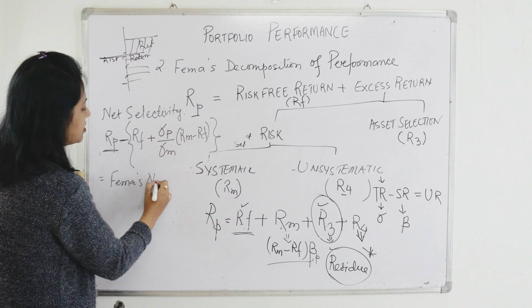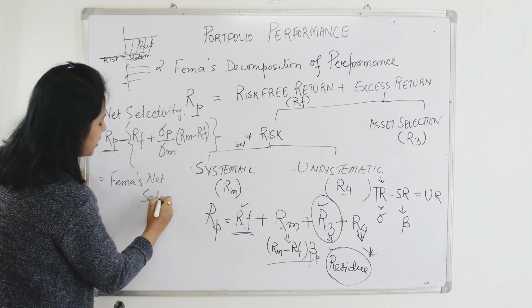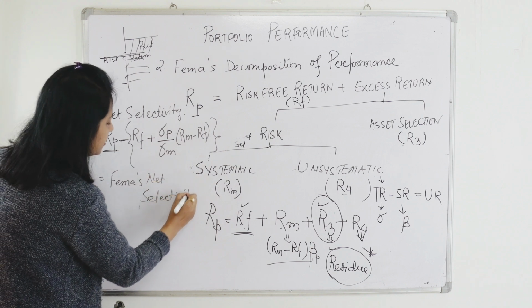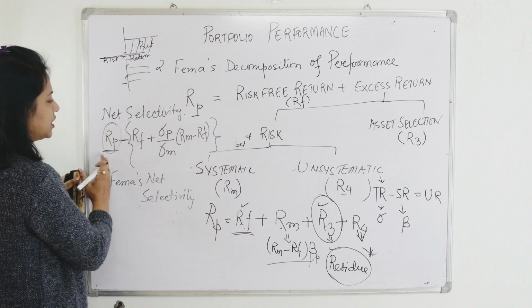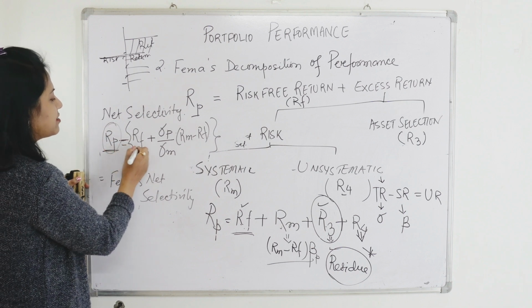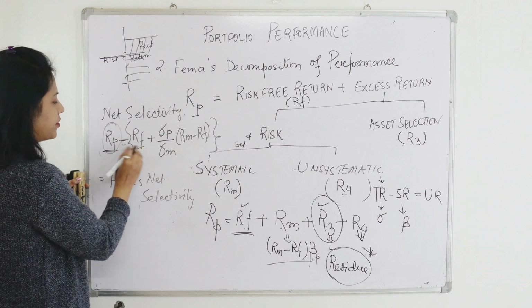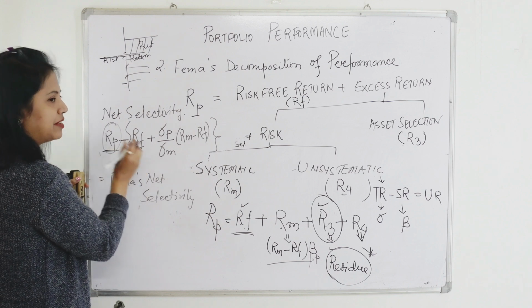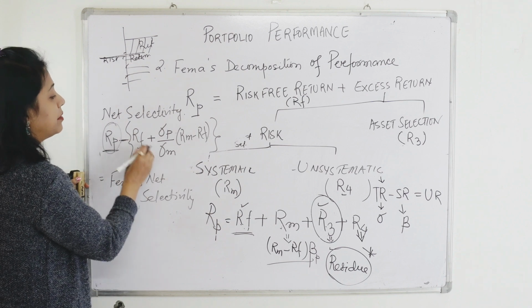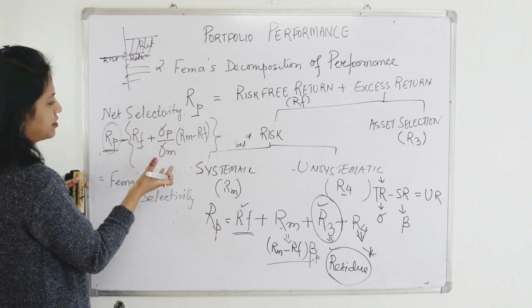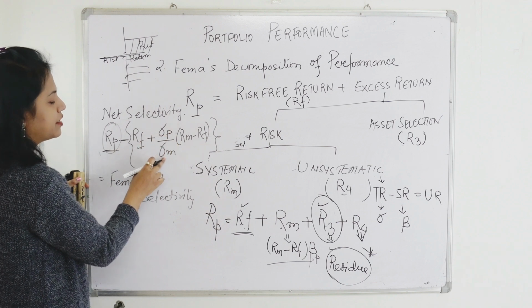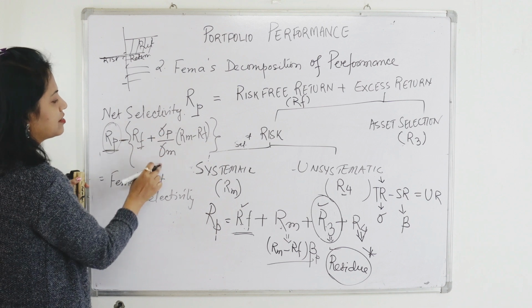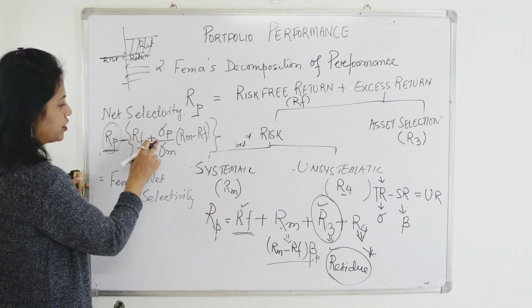So what does this mean? Whenever you are earning some return, the total return is this much. Now this return is because I must get some risk-free return, plus I must get some return for taking some risk. The total risk, that is portfolio risk divided by the market risk, will tell you the per unit portfolio risk.